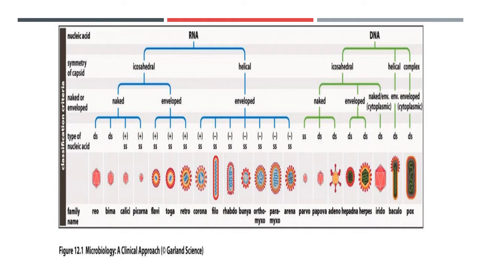Depending on that, you will see a few examples with family names given here. So you can refer to these for writing your answer, and at least try to give 3 examples from RNA and 3 examples from DNA. You can also do it like one example for icosahedral, one for helical, one for complex.